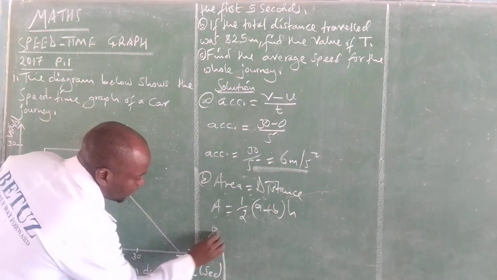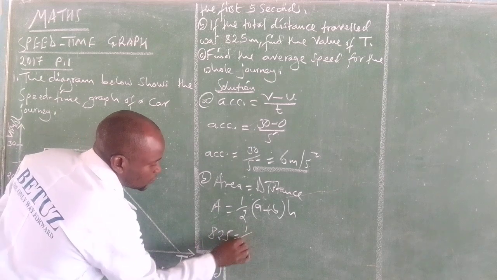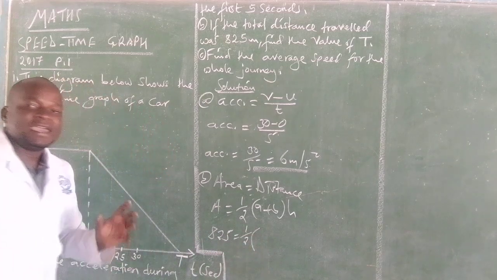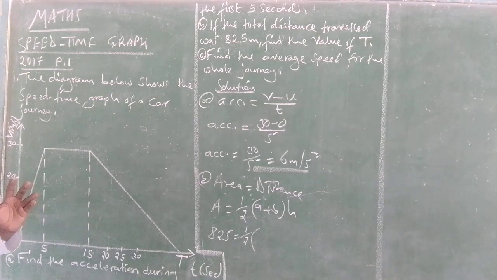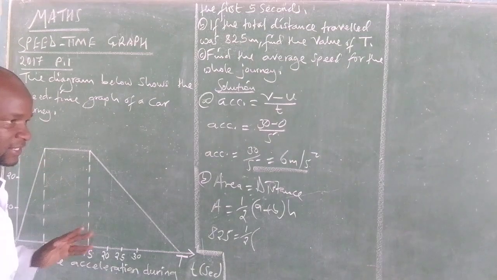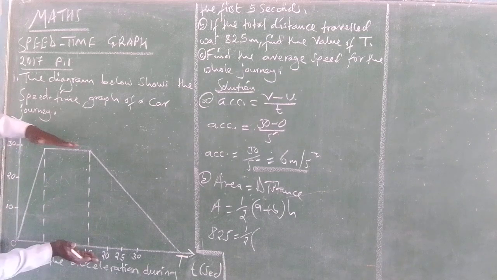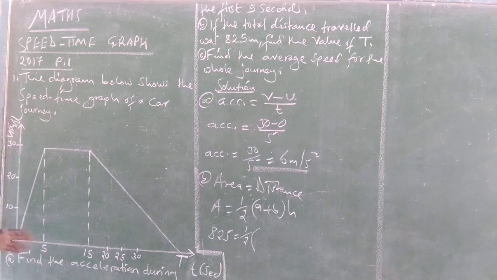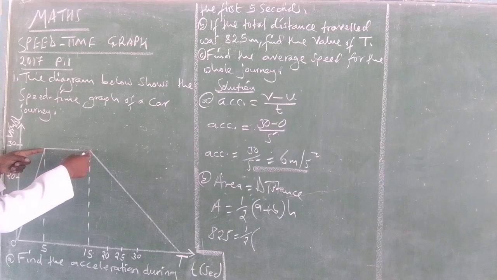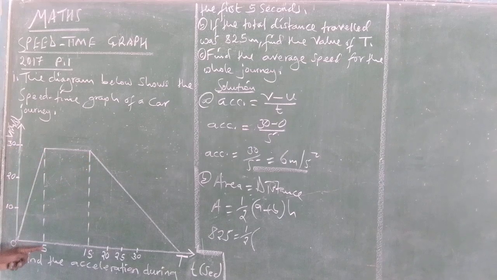So we have 825 is equal to 1/2. The a and the b are the two parallel sides in a trapezium. From here to here will be the a. Here it is 5 down here, and here it is 15, so the difference between 5 and 15 gives us a 10.